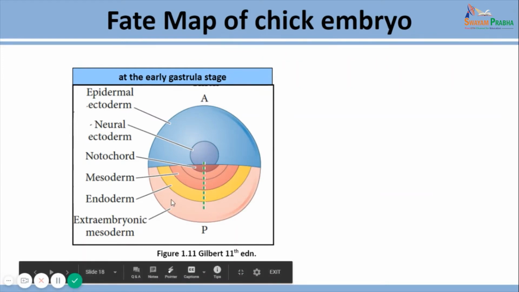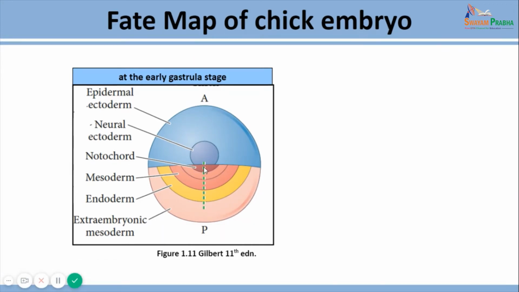Now here, as we see, the cells that will form the notochord occupy a central dorsal position in the epiblast. The precursors of the neural system, that is the neural ectoderm, lie immediately anterior to it, which is further followed by epidermal ectoderm, which will form the epidermis of the skin on the outermost periphery at the anterior-most end.